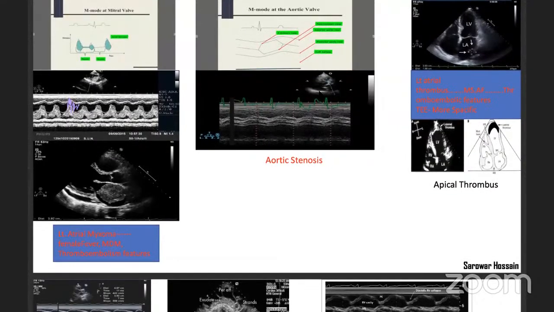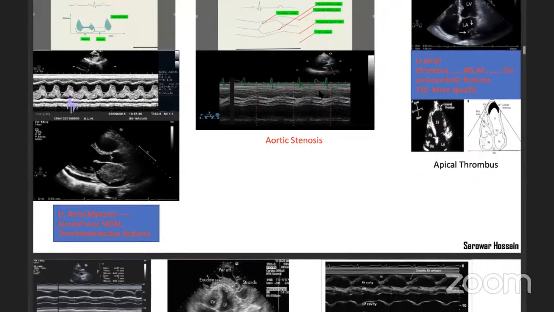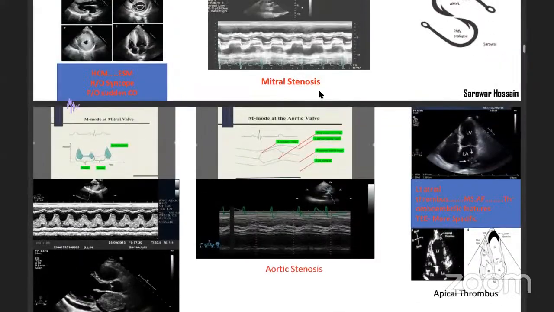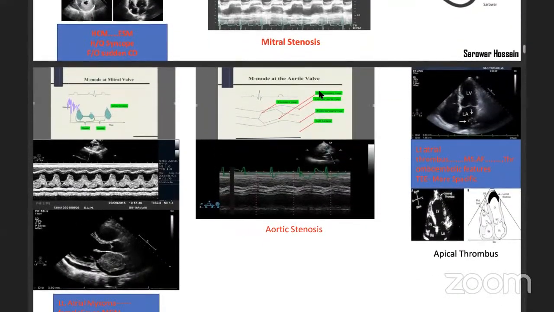Okay. Next, aortic stenosis. Basically, M mode at the aortic valve. The aortic valve will open like this. Classically, it should open fully, then close completely. Here, they should have shown a normal one, then it would have been easier. Yes, this is confusing.